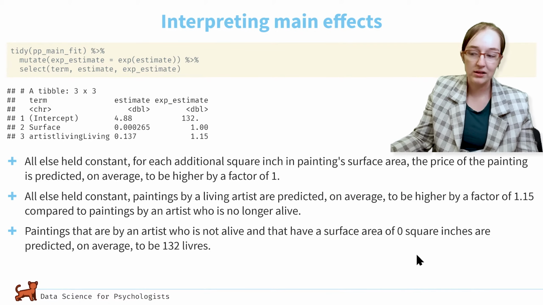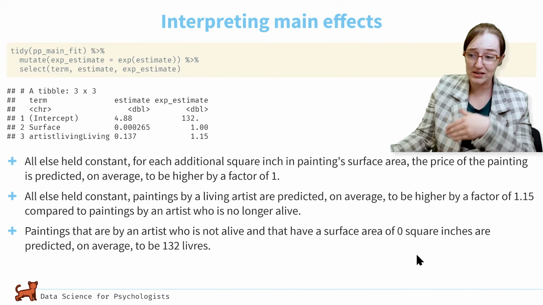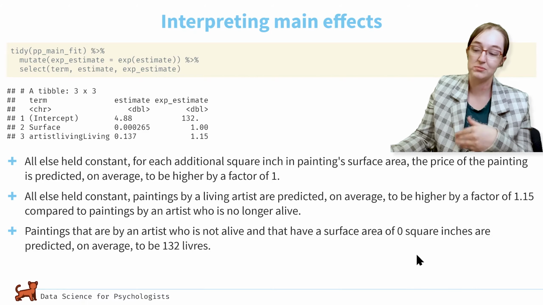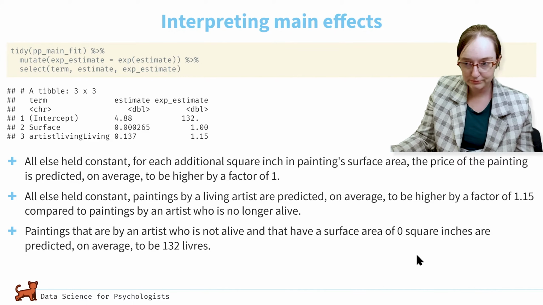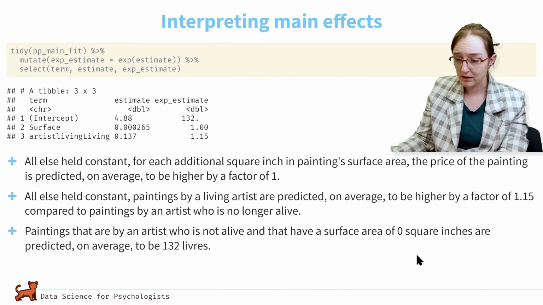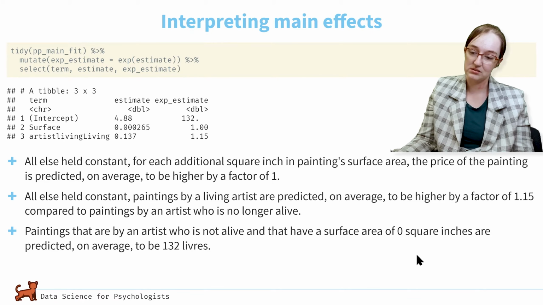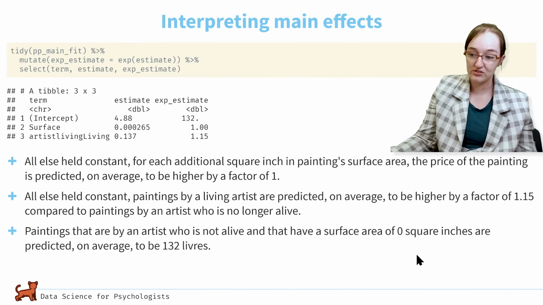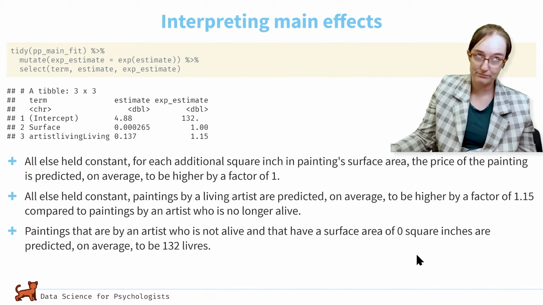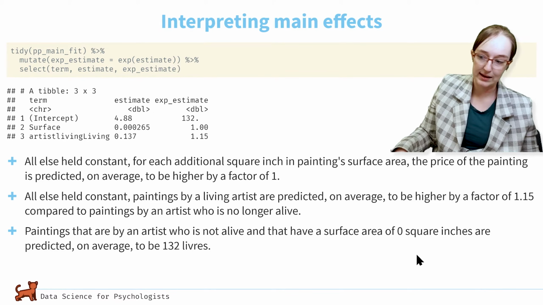So all else held constant, for each additional square inch of painting surface area, the price of the painting is predicted on average to be higher by a factor of 1. All else being held constant, paintings by living artists are expected to be higher by a factor of 1.15, I cannot read, compared to paintings by artists who are not alive.